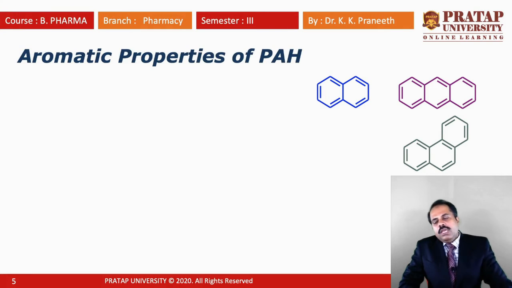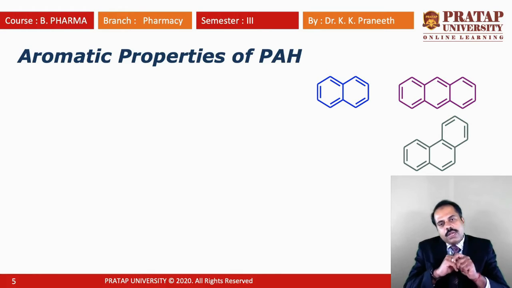So what about the aromatic properties of polynuclear hydrocarbons? We all know that this is aromatic, right? We can check whether this is really an aromatic compound or not. How to check easily?